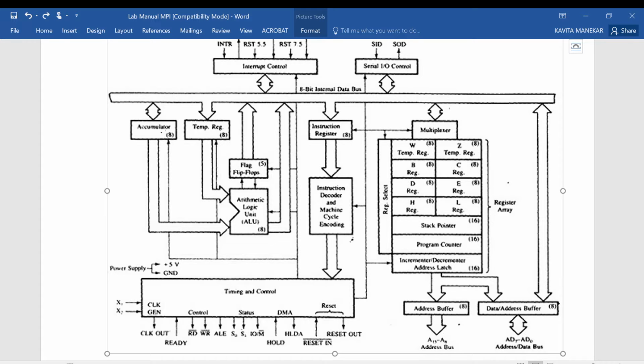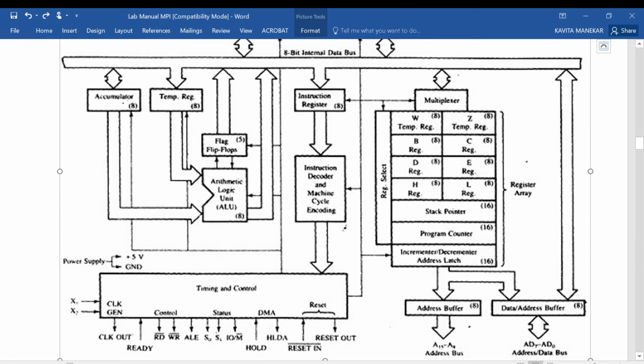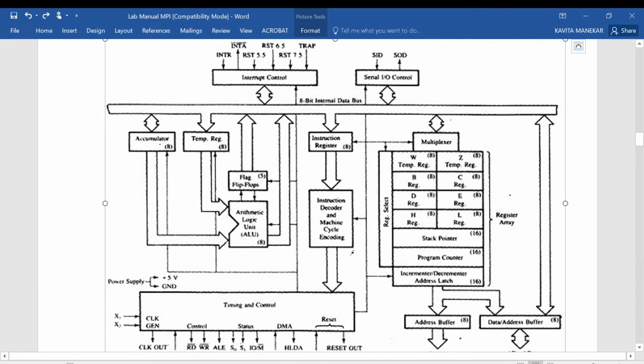Now the data bus, that is data slash address buffer of size 8, having two-way arrow which is indicating that it is a bidirectional bus. Bidirectional means the data can transfer from memory to processor or from processor to memory.